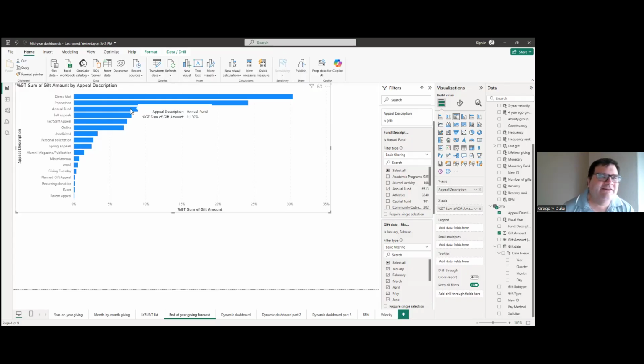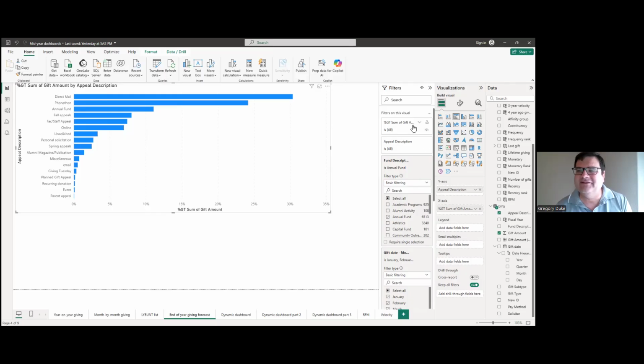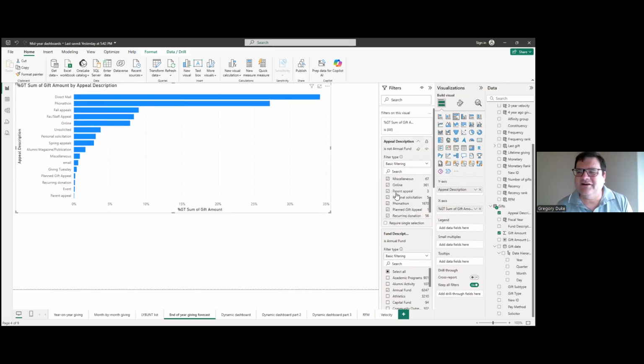I also include this generic annual fund appeal when I couldn't, from the data I had, figure out what the appeal is. And fall appeals and spring appeals also fell into the same categories. So we could even, if we like, remove those so we get a better view of our data.